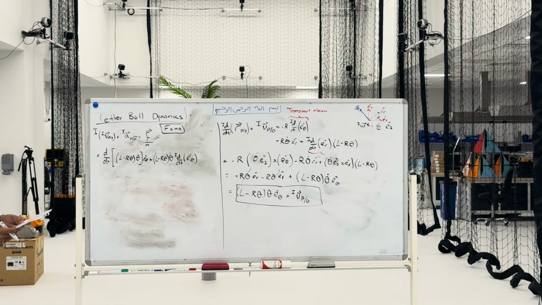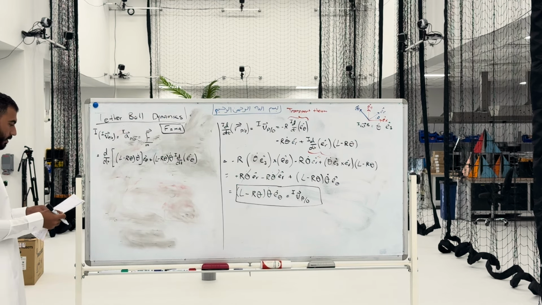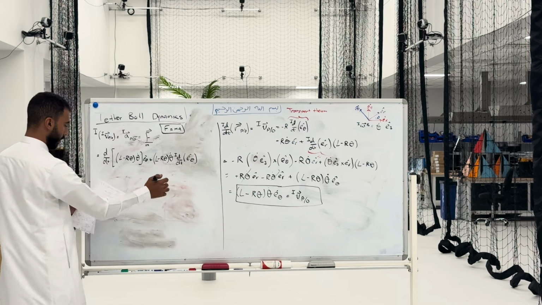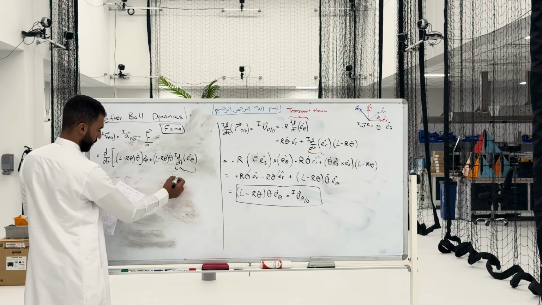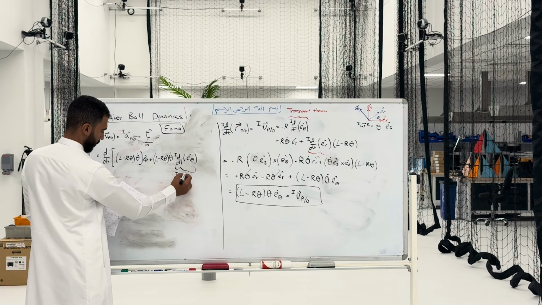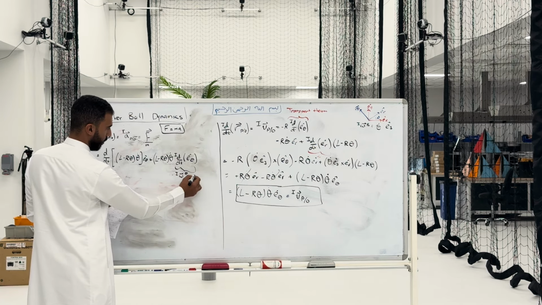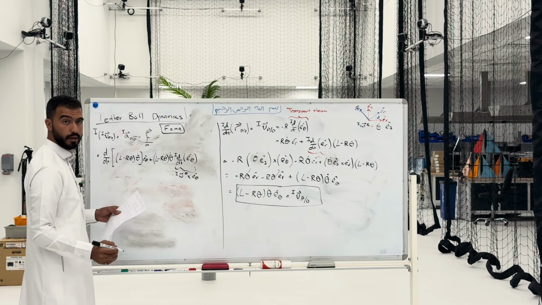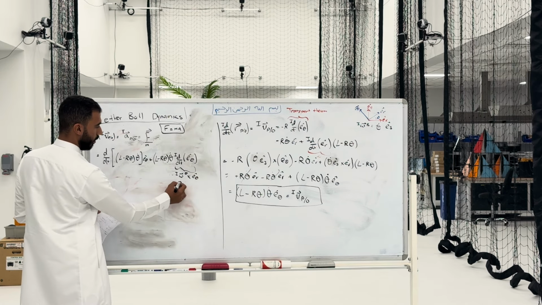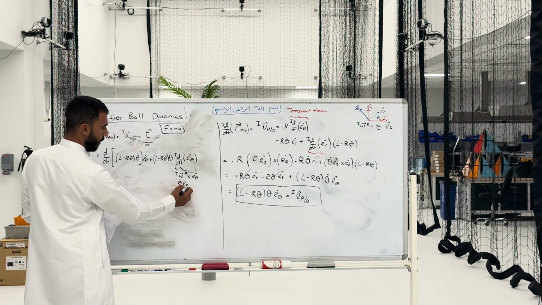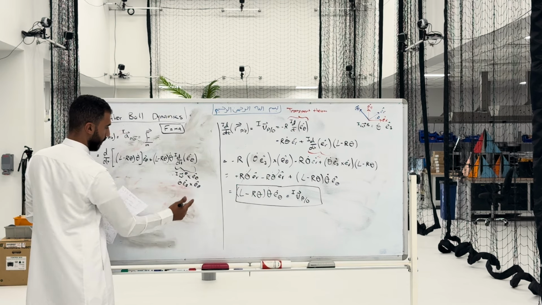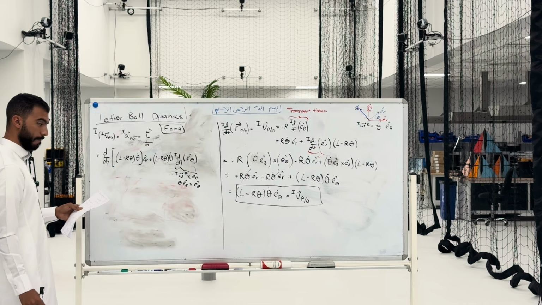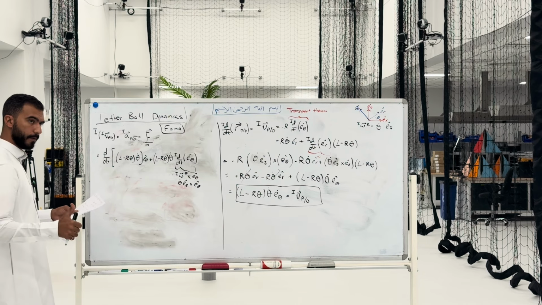We only have one transport theorem here. Can someone tell me what this will be? Again, it's the omega crossed with E theta. What is this? Theta dot E3, cross with E theta. Good?